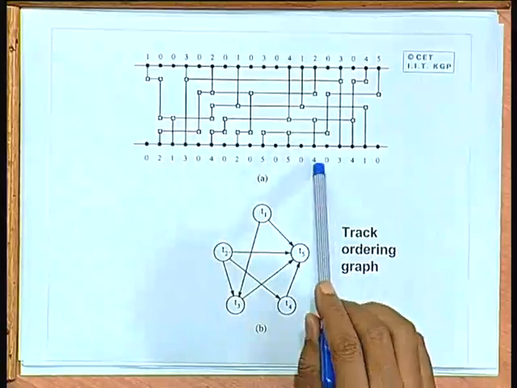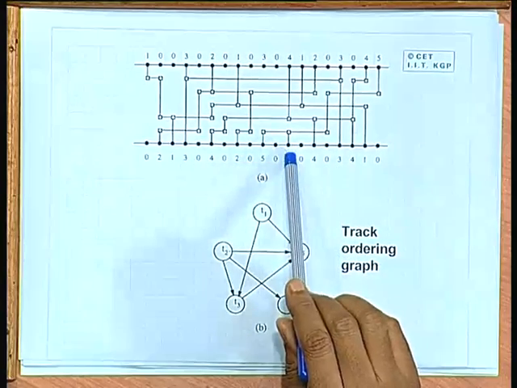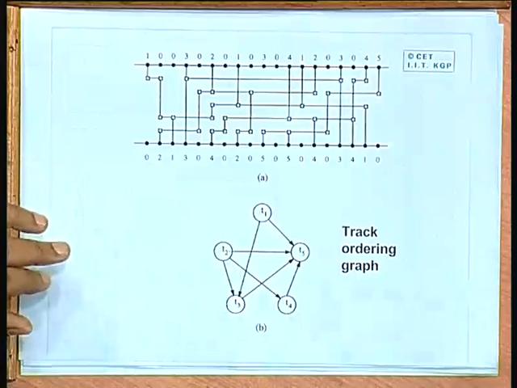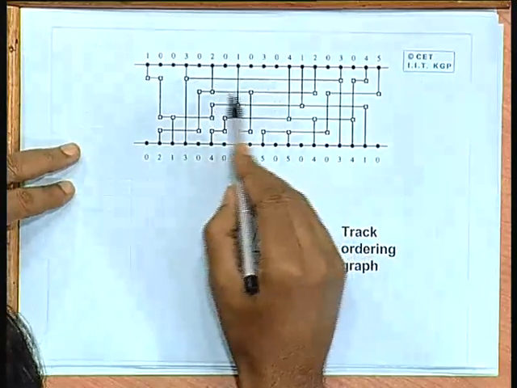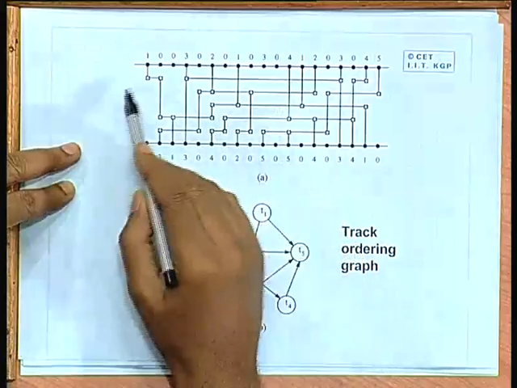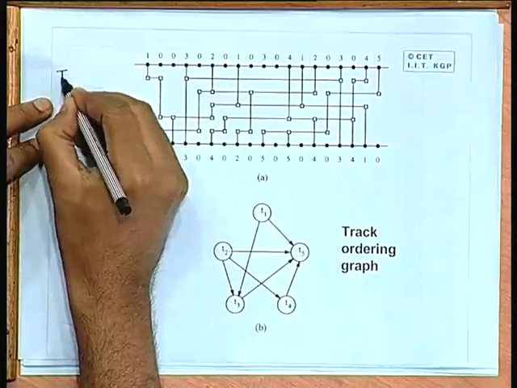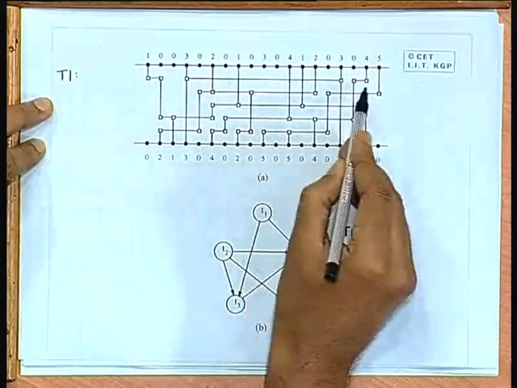Well, here is a complete example which had been routed already using the Yoshimura-Kuh algorithm. Here the font size is slightly small, but I am telling you, here you have a 5-track solution. On track number 1, you have nets 1, 3 and 4.